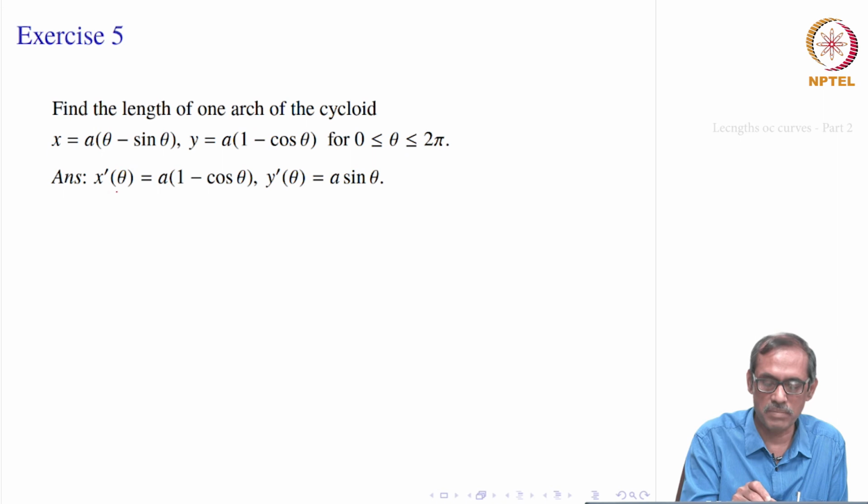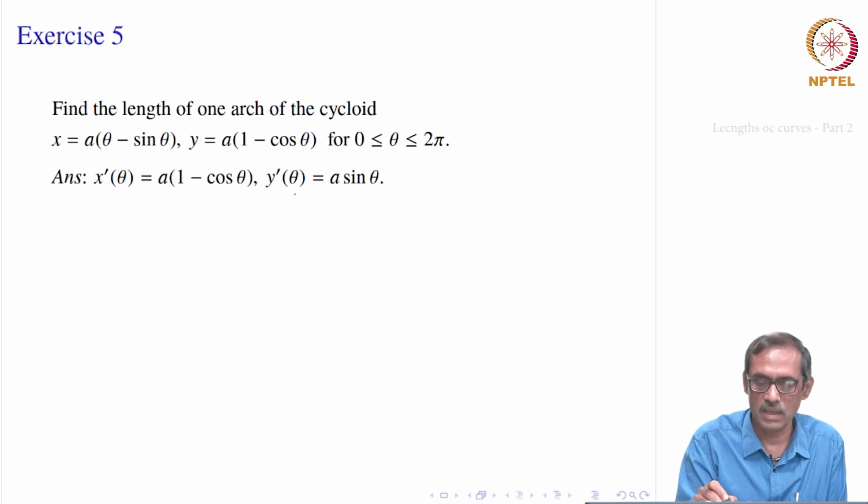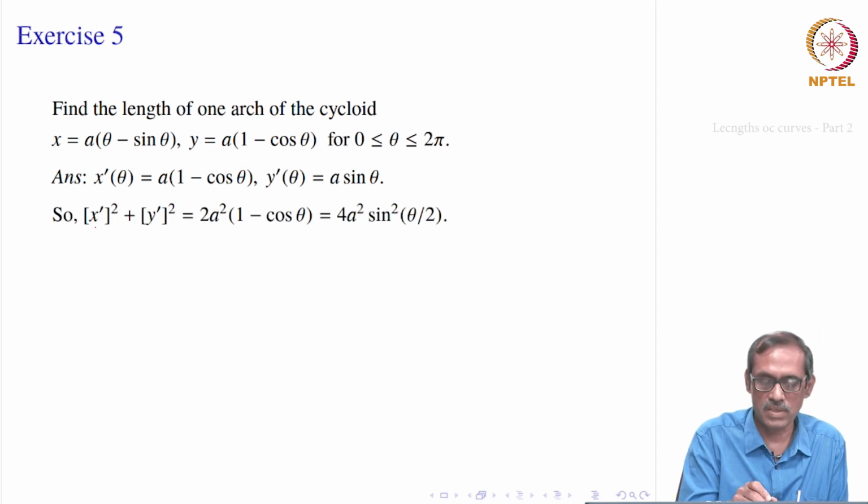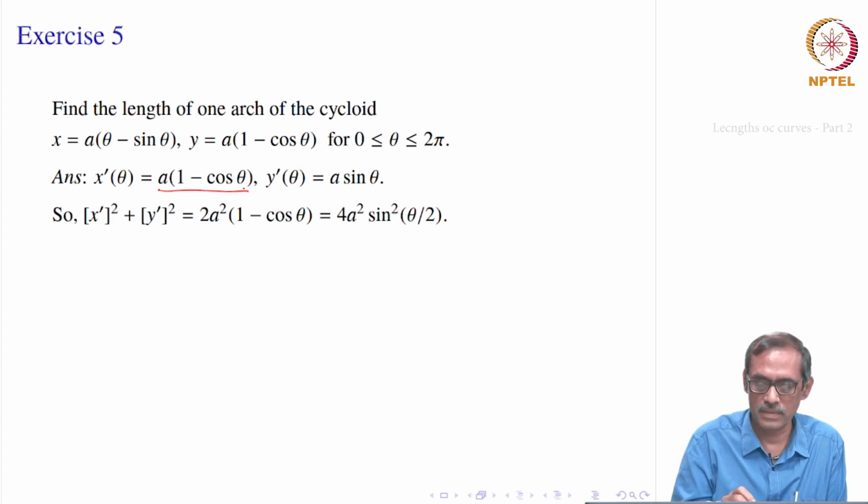Okay. So, x prime theta equal to a times 1 minus cos theta, that is coming from this 1 minus cos theta, and y prime theta equal to, it is 0. So, minus cos theta gives sin theta, y prime theta equal to a sin theta. So, you need x prime square plus y prime square. So, it is a into 1 minus cos theta square and a into sin theta square, and they are added together.